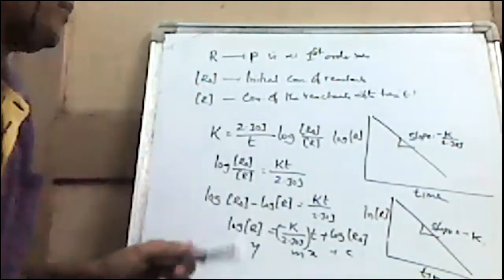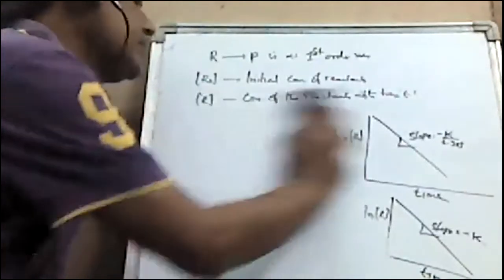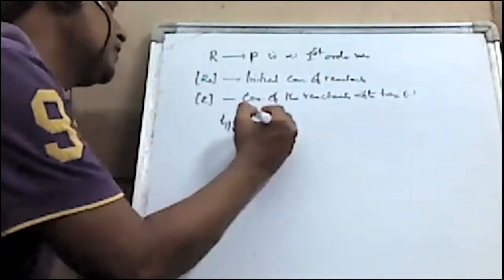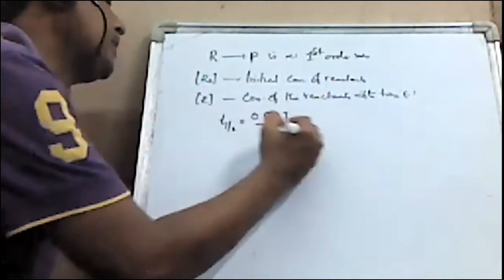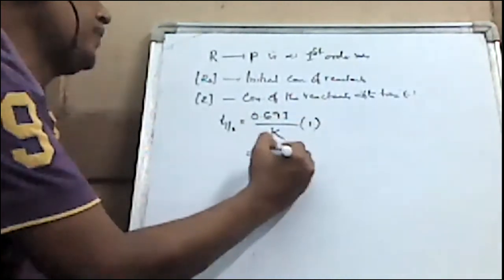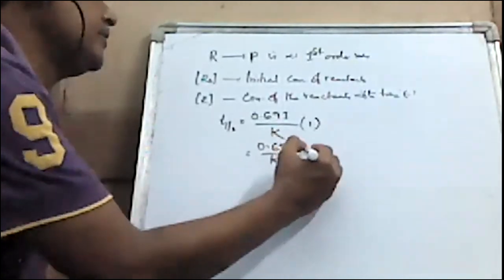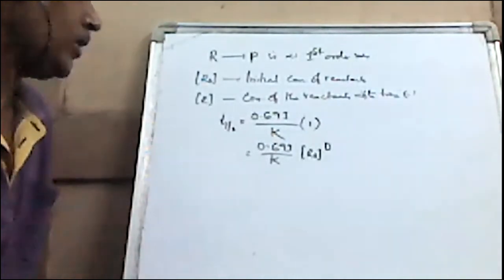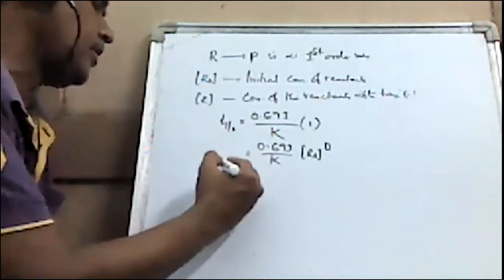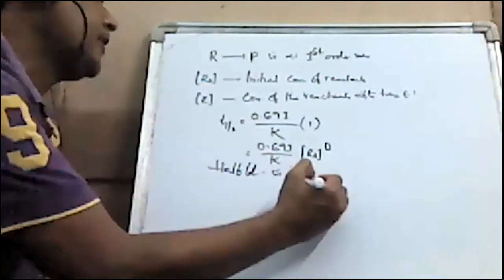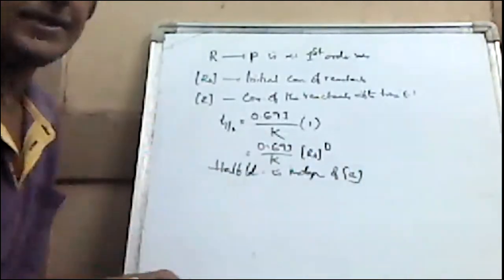So there is one more plot for first order reactions. We know the expression for half-life of a first order reaction: half-life is equal to 0.693 by k. You can write it as 0.693 by k into R naught power 0. Now, if I plot, half-life is independent of the concentration of the reactants.